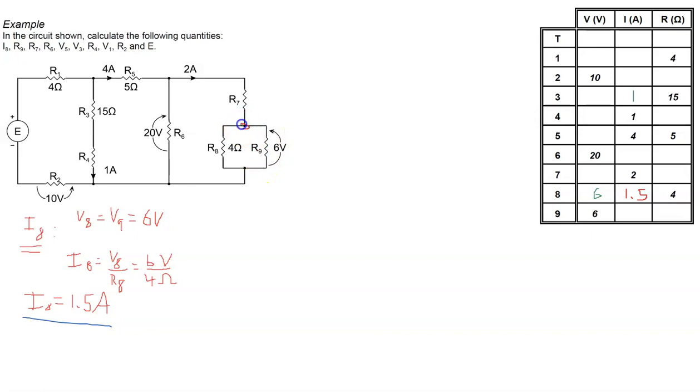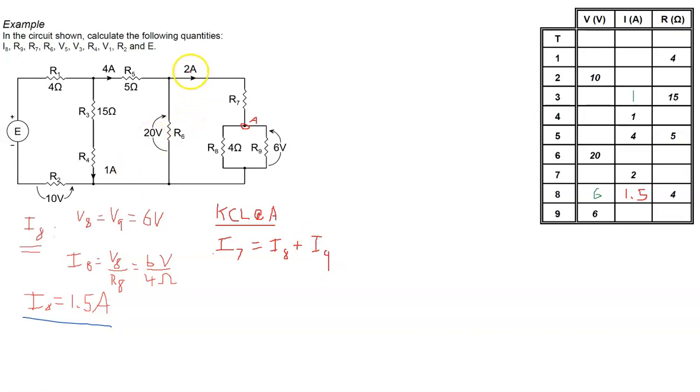So we're going to write Kirchhoff's current law at this node, and let me call it node A. So KCL at A: the sum of the currents that enter that node or junction, I7, is equal to the sum of the currents that leave, I8 plus I9. Now I9 is the one we don't know.